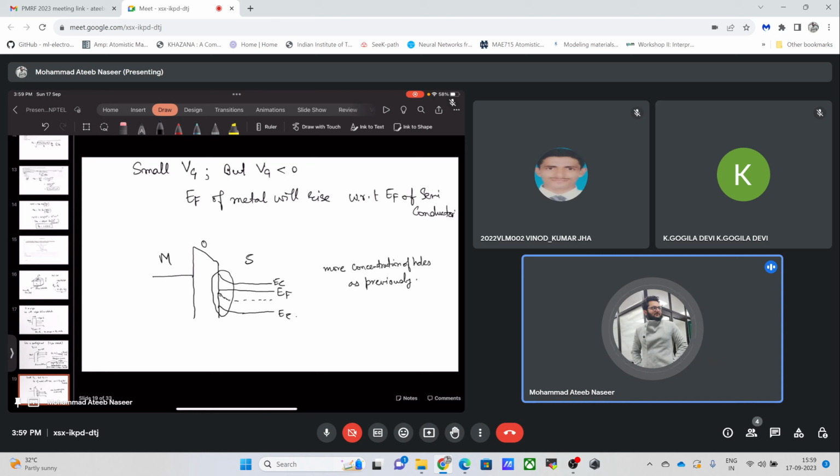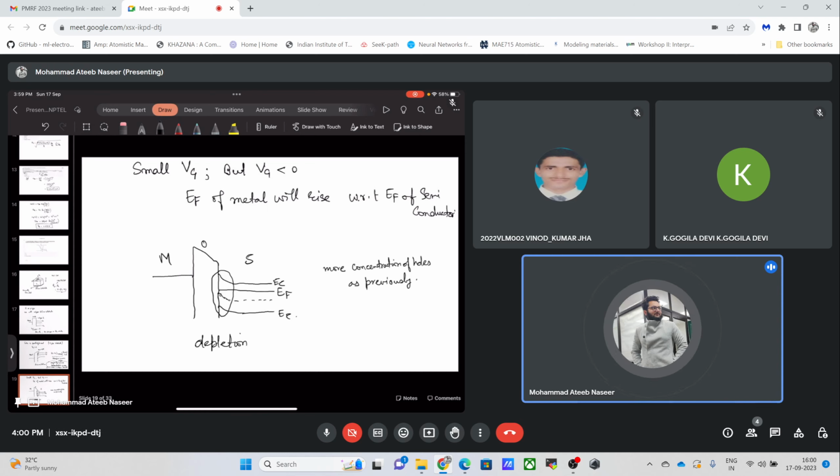Since it has been depleted due to the negative bias we applied, this resulted in the repulsion of electrons from the interface and exposed the positively charged donor sites, and this resulted in band bending. This condition is known by the name of depletion, because we are depleting the majority carriers.